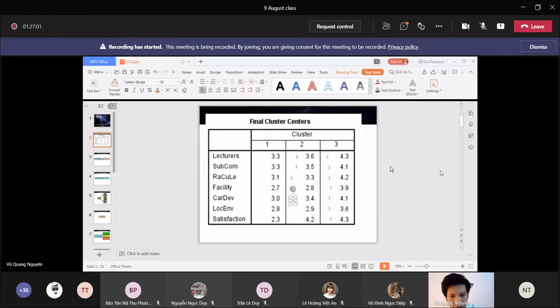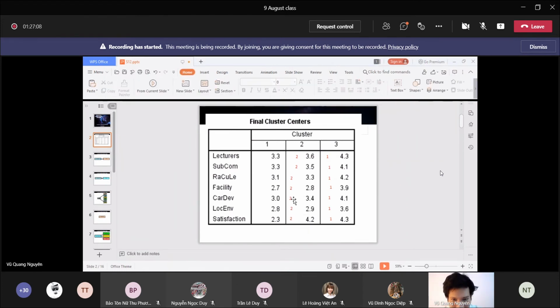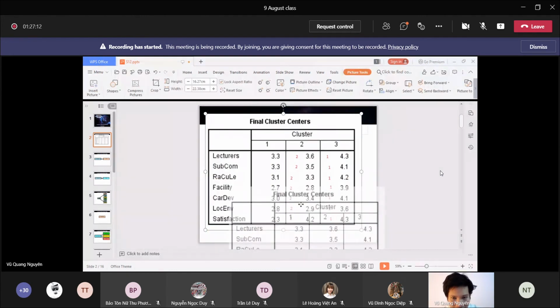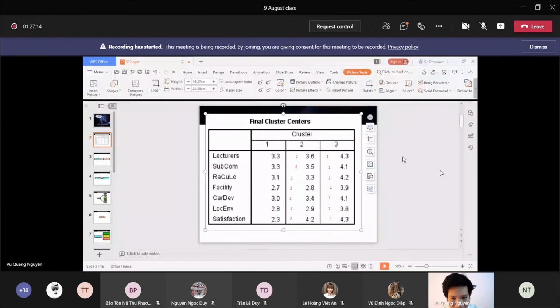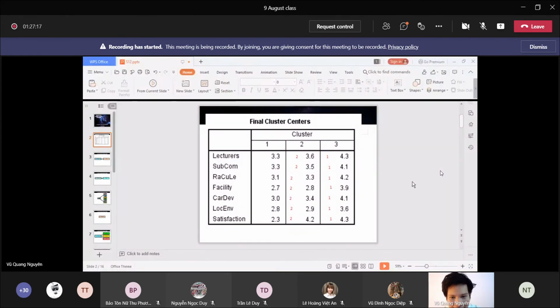Same for career development. Okay, cluster 3 ranks 1 in all aspects, cluster 2 ranks 2 in all aspects. Then we can see that cluster 1 ranks number 3 in all aspects, right?